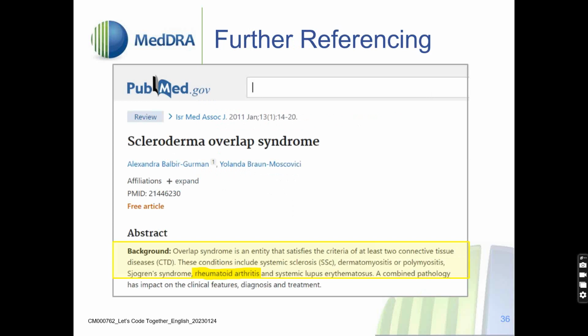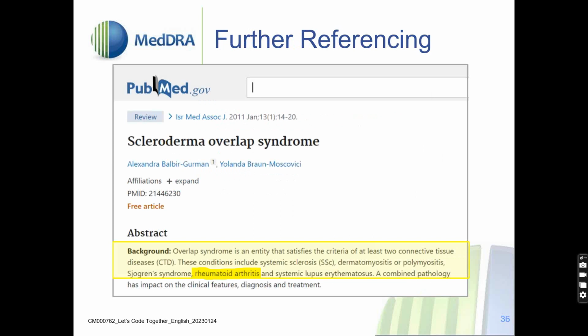Looking into the definition, this is a combination of two connective tissue diseases, which include systemic sclerosis, dermatomyositis, polymyositis, Sjogren's syndrome, rheumatoid arthritis. So there's my overlap that I've been looking for: the rheumatoid arthritis together with scleroderma, also known as systemic sclerosis.